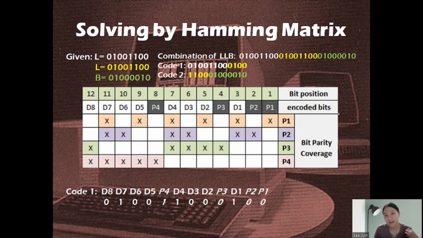And solving by Hamming matrix. So we have here the given letter L, and B, which we converted to its 8-bit ASCII code. We're going to use this.